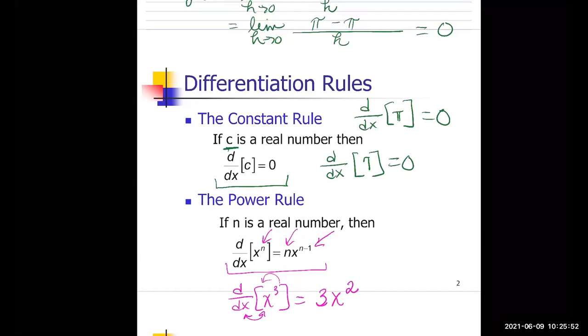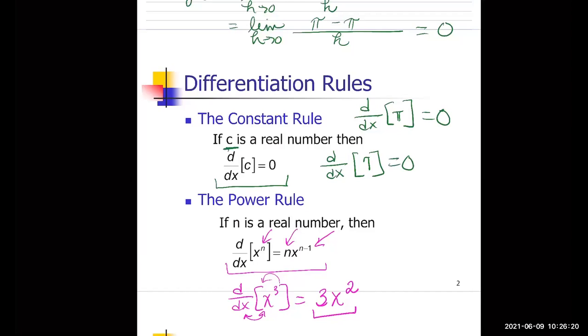So if I decrease that exponent by 1, I would get 2. So if we use the definition of the derivative and worked it all out, that's what our answer would turn out to be. So from now on, if we just have x to some power, then we are going to use the power rule to take the derivative. Unless the directions specifically say to use the definition, then we will do that.